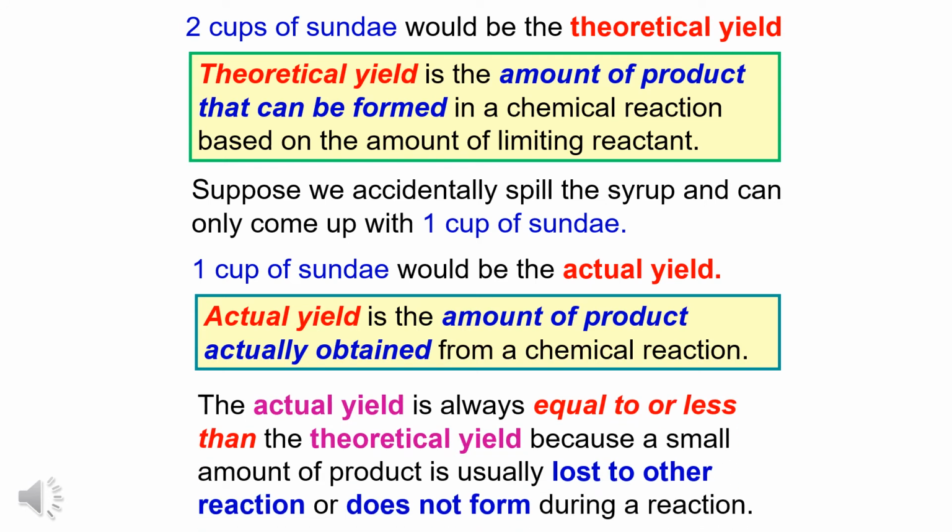The actual yield is always equal to or less than the theoretical yield because a small amount of product is usually lost to other reaction or does not form during reaction.